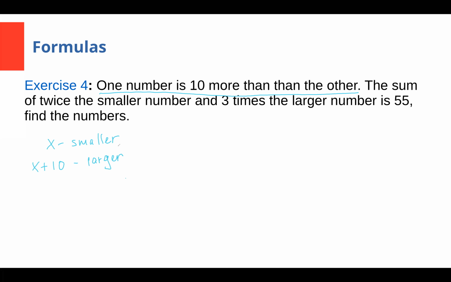So what I would ask you to do is put into the chat messages what you think the formula should be. Or you can also speak up, okay? So whatever is more convenient to you. Here, let me read it first and then I'll ask you to do that. The sum of twice the smaller number and 3 times the larger number is 55.